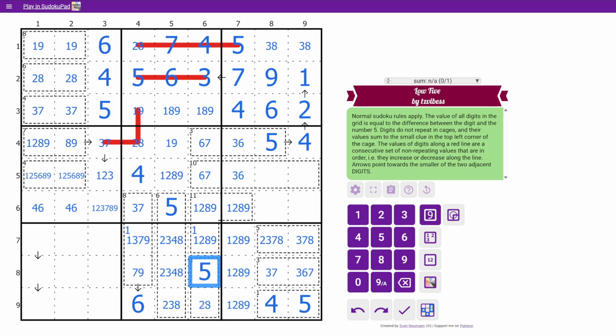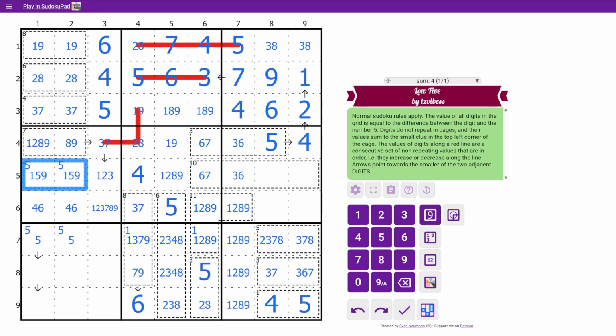This has to be the 5 now. The 5 has to be up here somewhere. Almost got the 5s. Oh, the 5 has to be in here now. So the 2 and the 8 get to go. The 4s are the only ones that stay. So the 1 and the 9 are the 4 values. So the 5 must be in here.